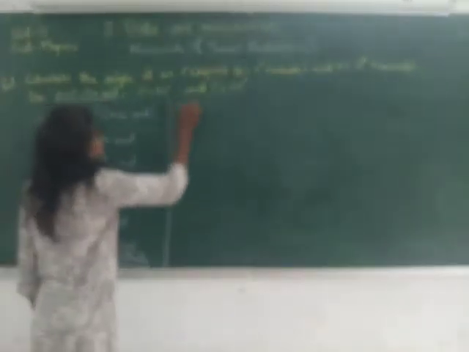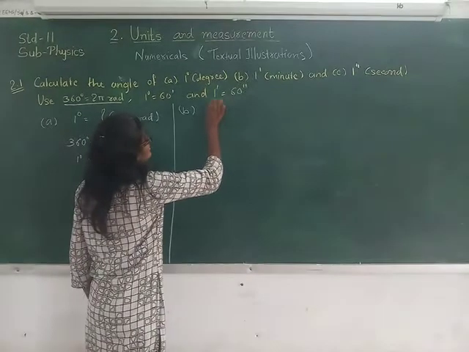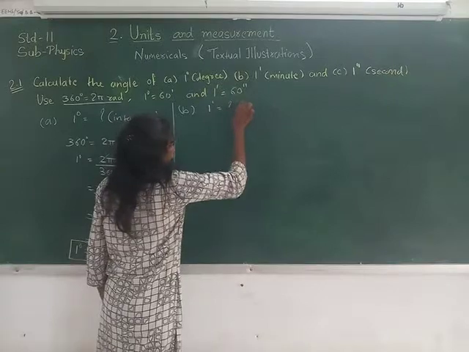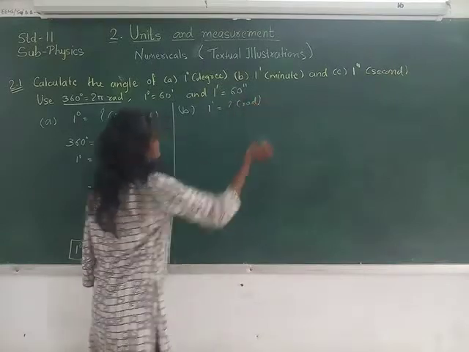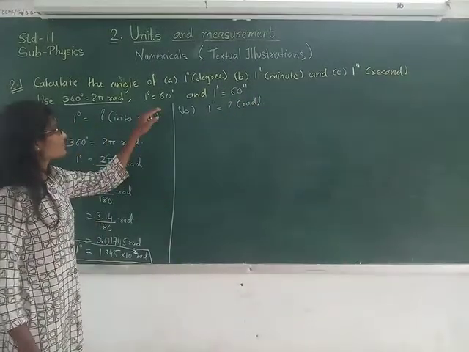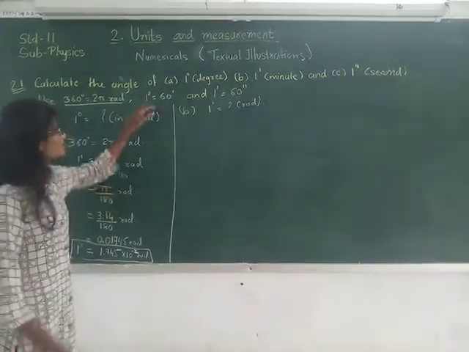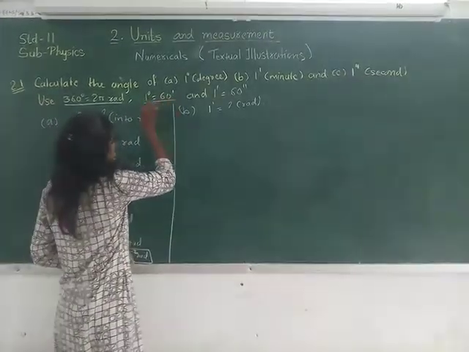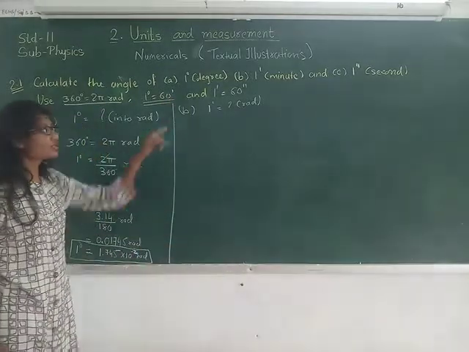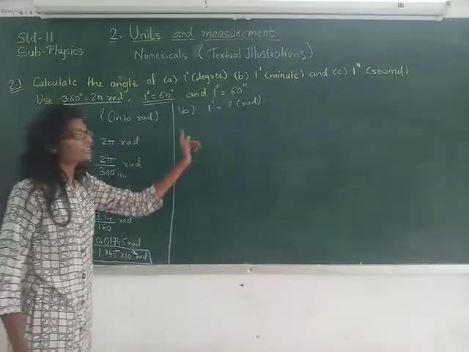Now another is 1 minute. You need to convert 1 minute into radian, right? So see, here we have already converted degree into radian. Here we are having another conversion, that is 1 degree equals to 60 minutes, because here we are going to convert the minute.